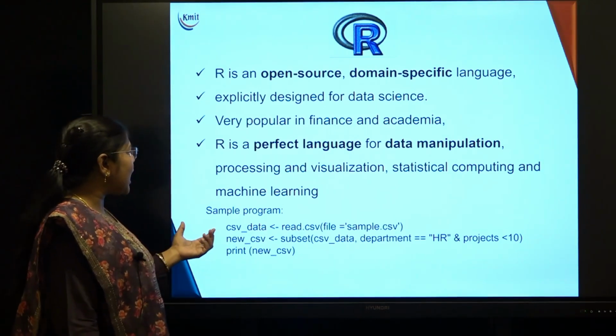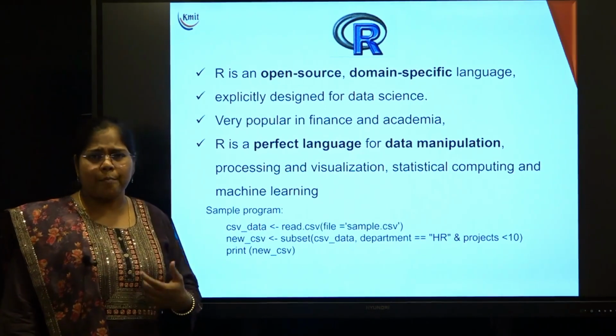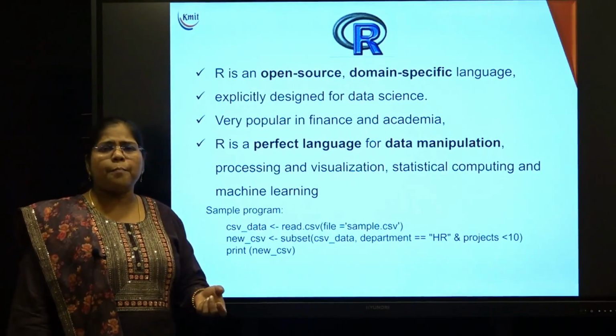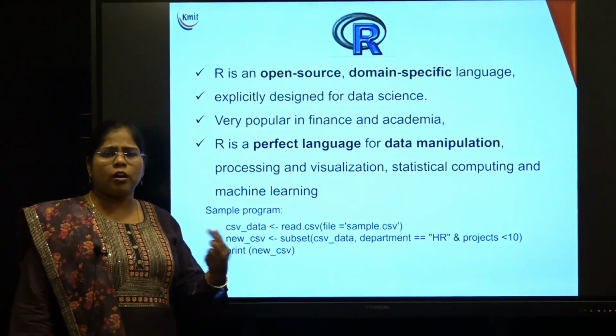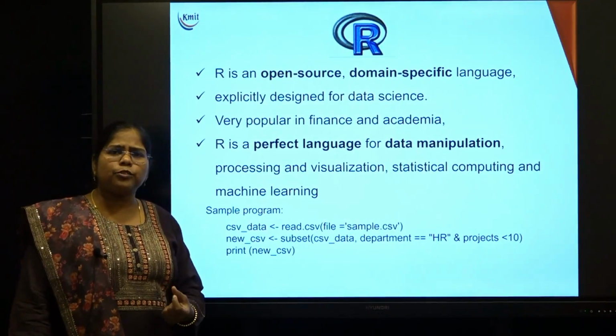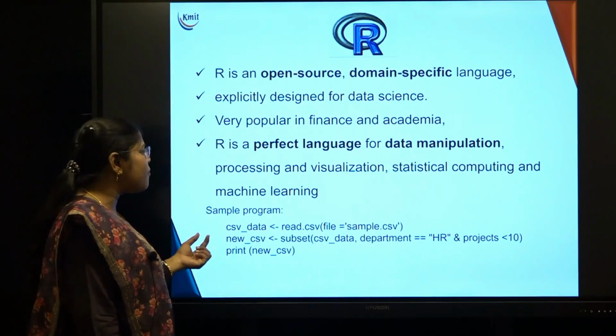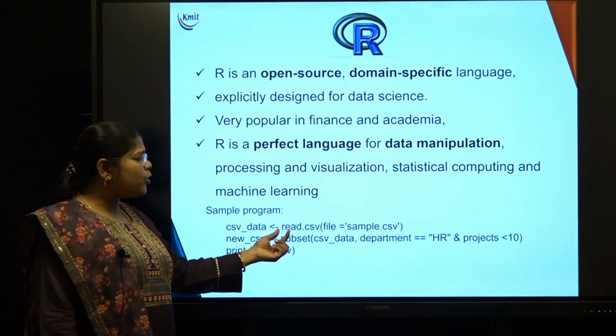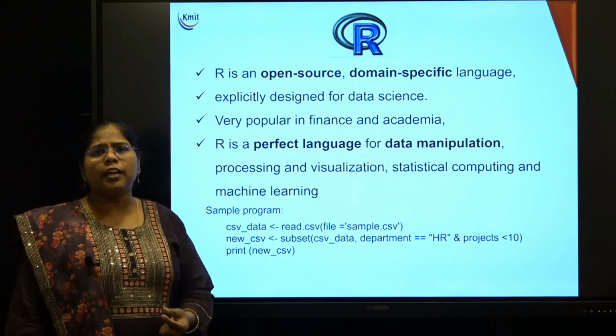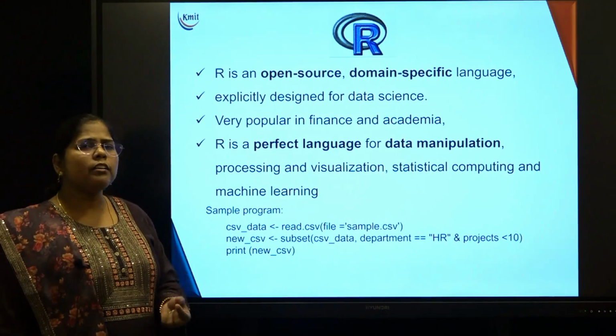If you see a sample program, in Python we have pandas to read the CSV file, whereas here we have read.csv directly, so that it can easily read the file.